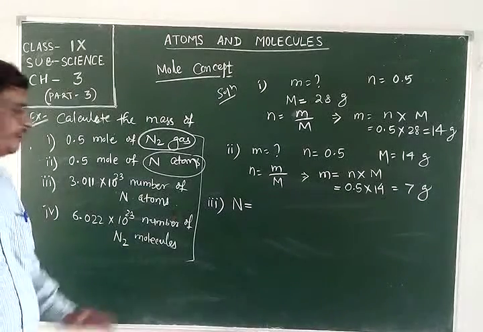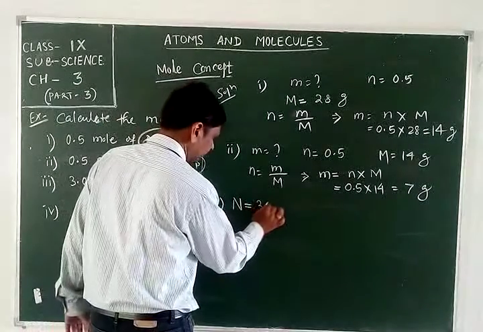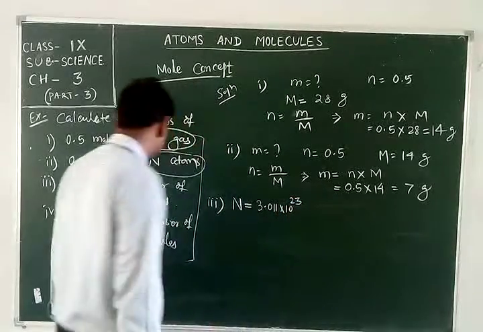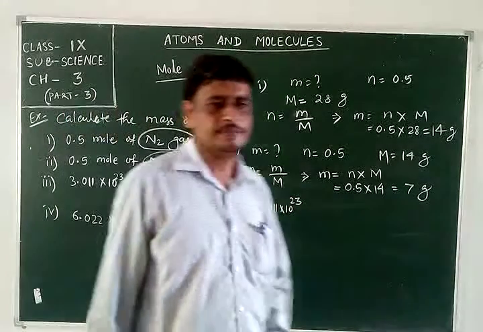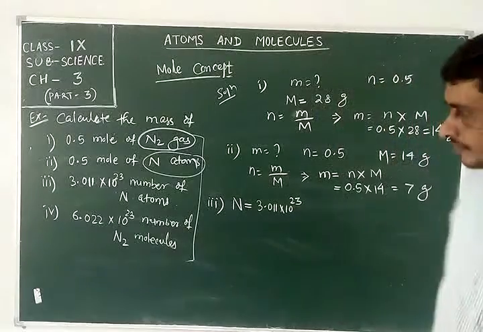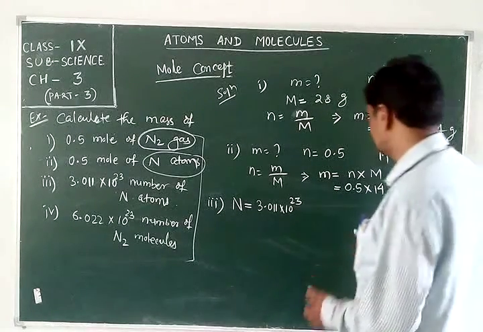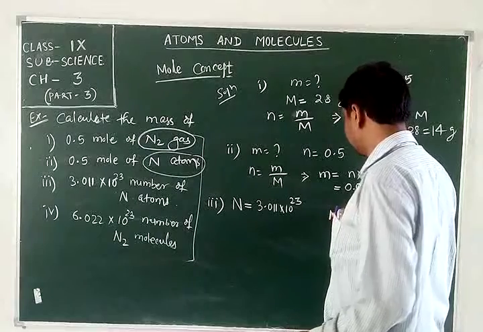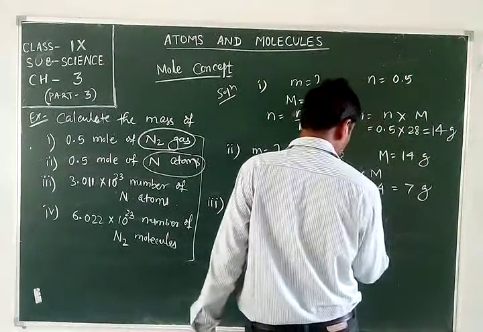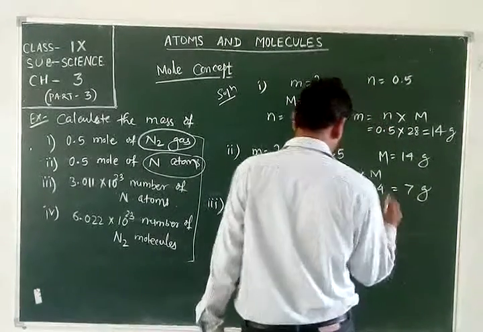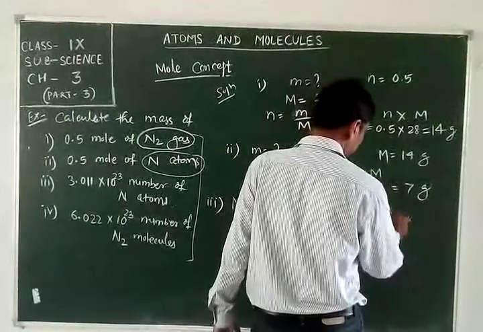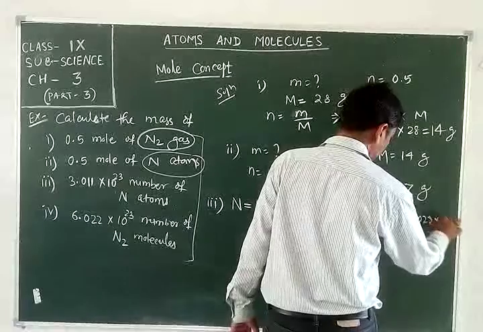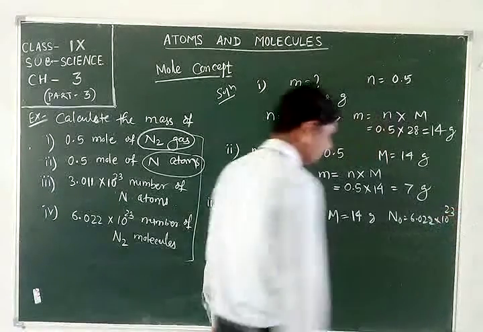That is the given number of particles N. For nitrogen atom, molar mass is 14 gram and Avogadro's number is 6.022 into 10 to the power 23.